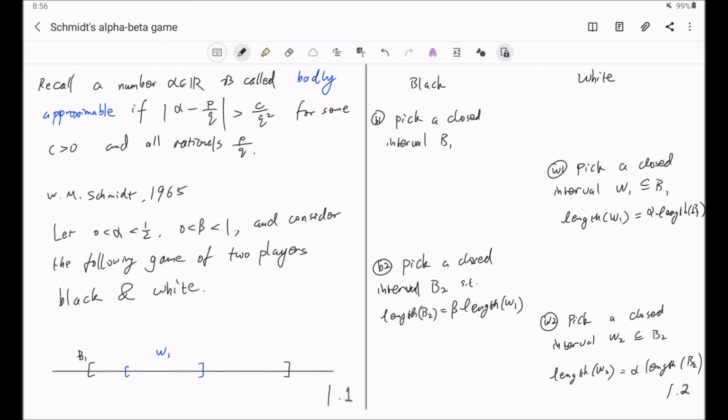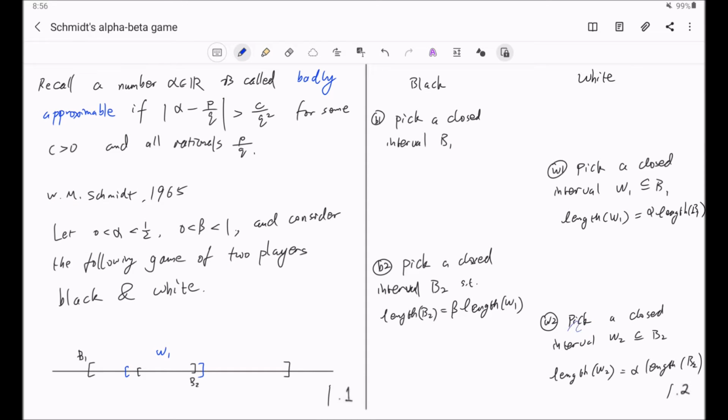In the third step, black will pick a B2 that is contained in W1, and its length is beta times the length of W1. But this beta can be close to 1, so it doesn't have to be very small.